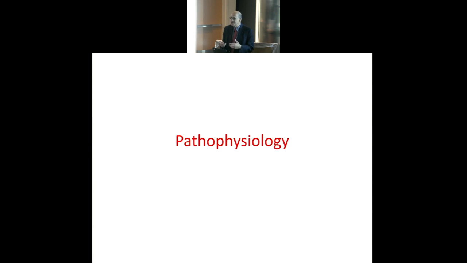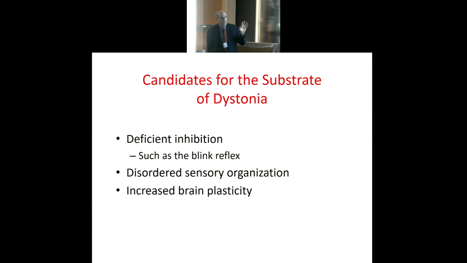There are a lot of studies that have been done in patients that have blepharospasm as well as other types of adult onset focal dystonias. And there are a number of themes which seem to be consistent through all of those studies.